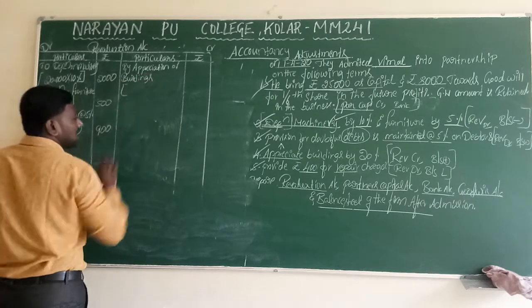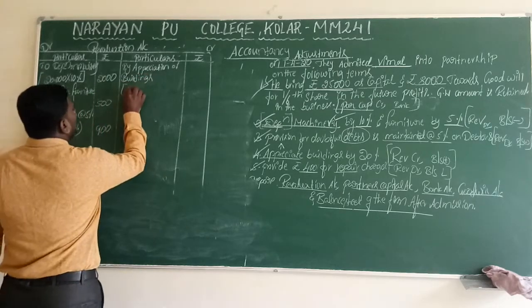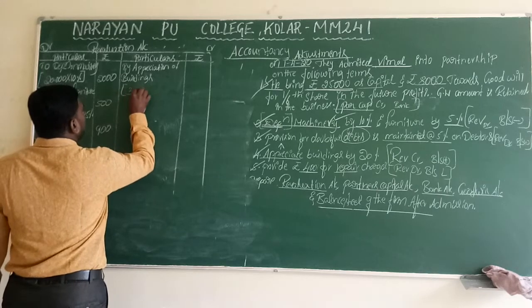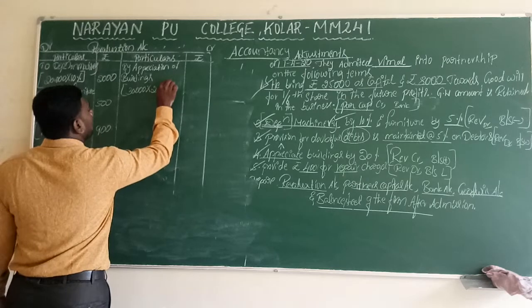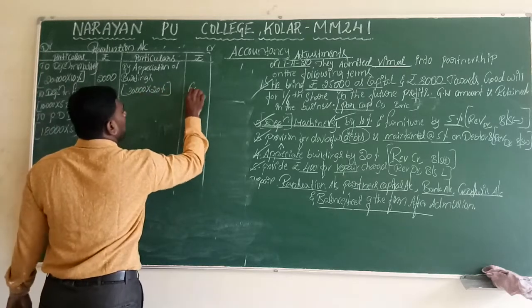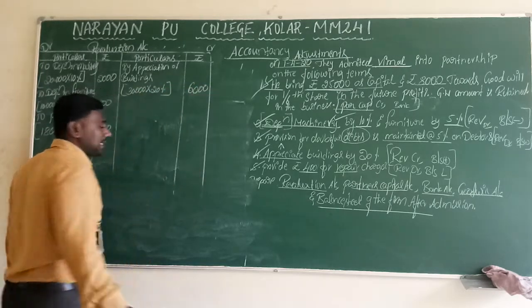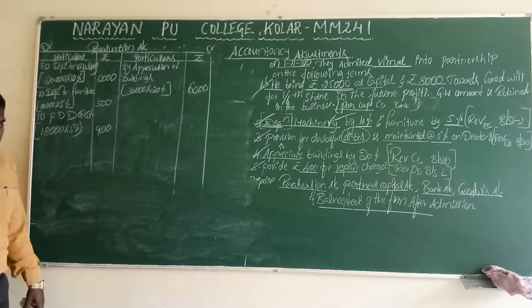Some percentage is given, 20%. The value of buildings is 30,000 into 20%. So 3 twos are 6. We have recorded 6,000 as the income to the particular business.